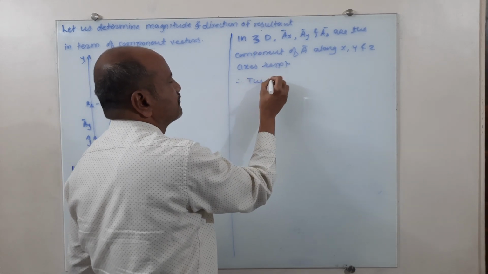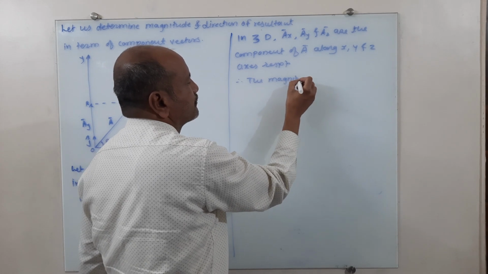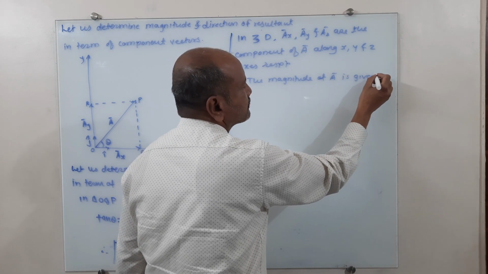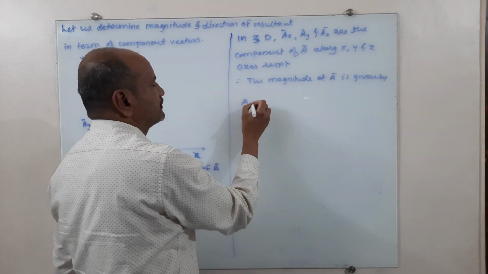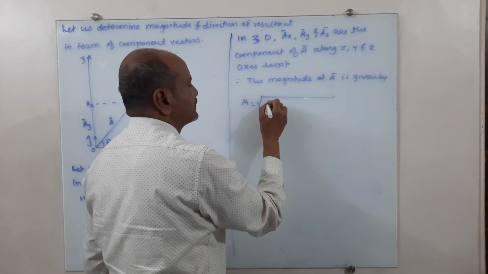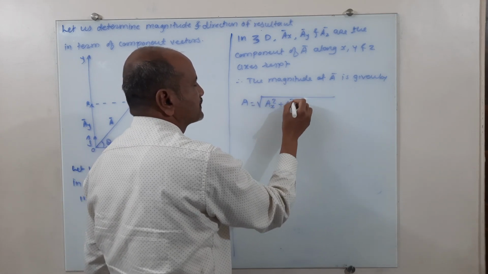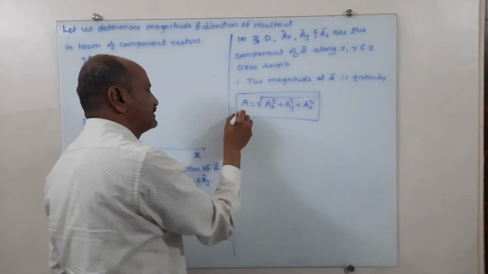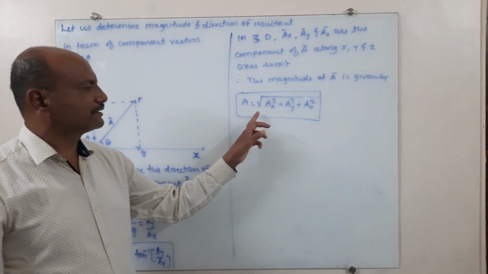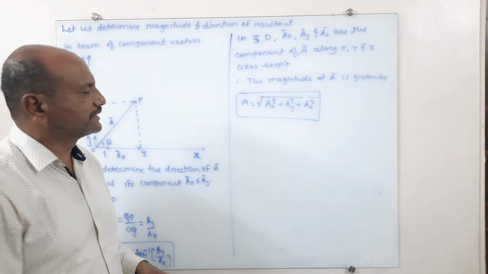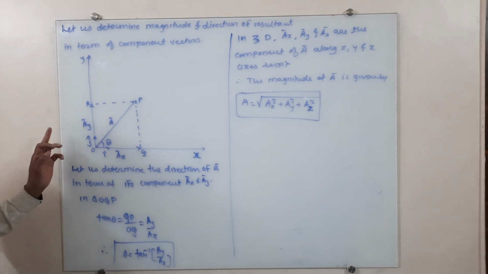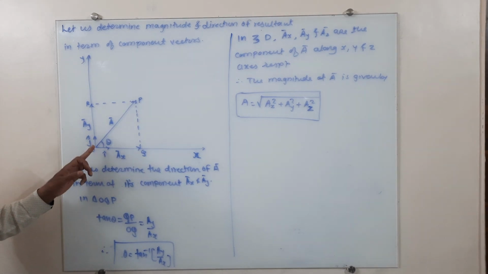Therefore, the magnitude of A bar is given by A is equal to under root AX square plus AY square plus AZ square. In 3D, A is equal to what? Under root AX square plus AY square plus AZ square.